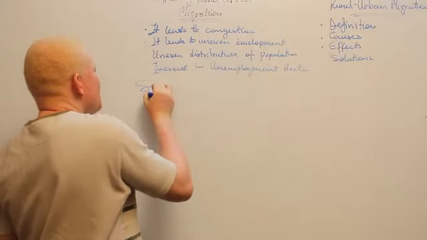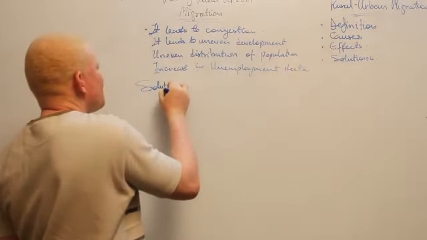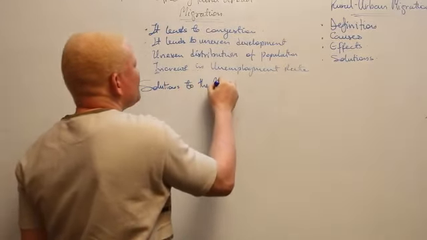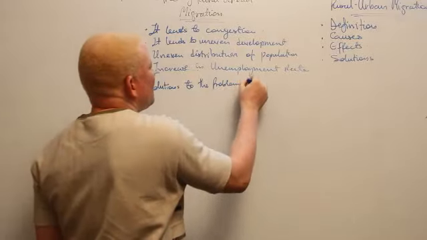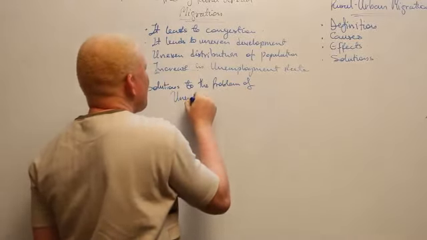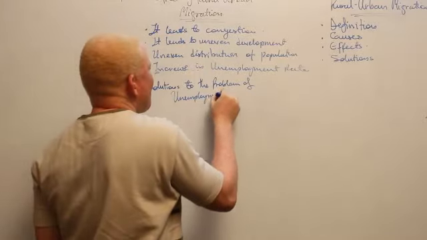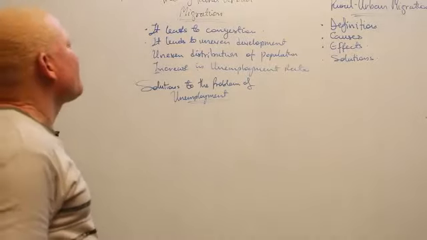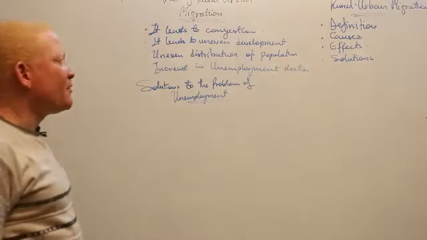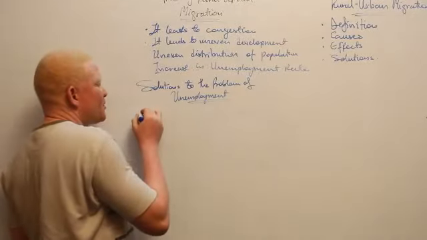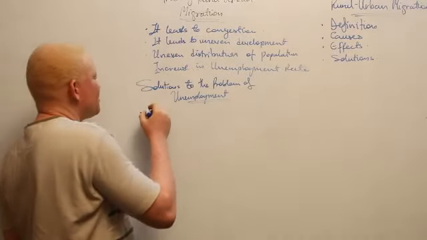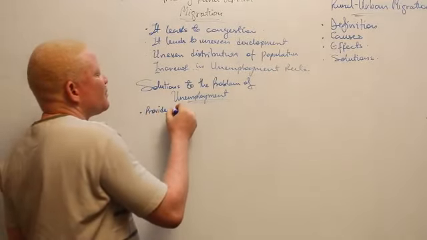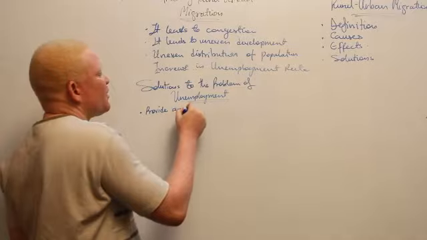Now, the last we look at is what? Solutions, or how to solve the problem of unemployment. Solution to the problem of unemployment. The first solutions, how do we solve it? Number one is to provide amenities in the rural areas.